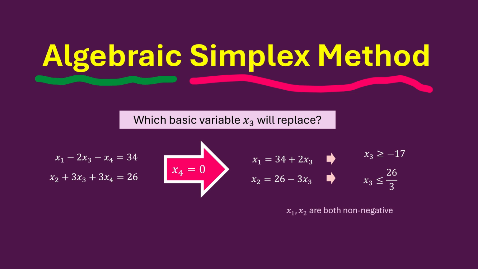Since the first inequality does not have an upper bound on x3, the upper limit is entirely determined by the second equation, and x3 equals 26 by 3. Therefore, in this case, x3 will replace x2 for the next basic feasible solution.